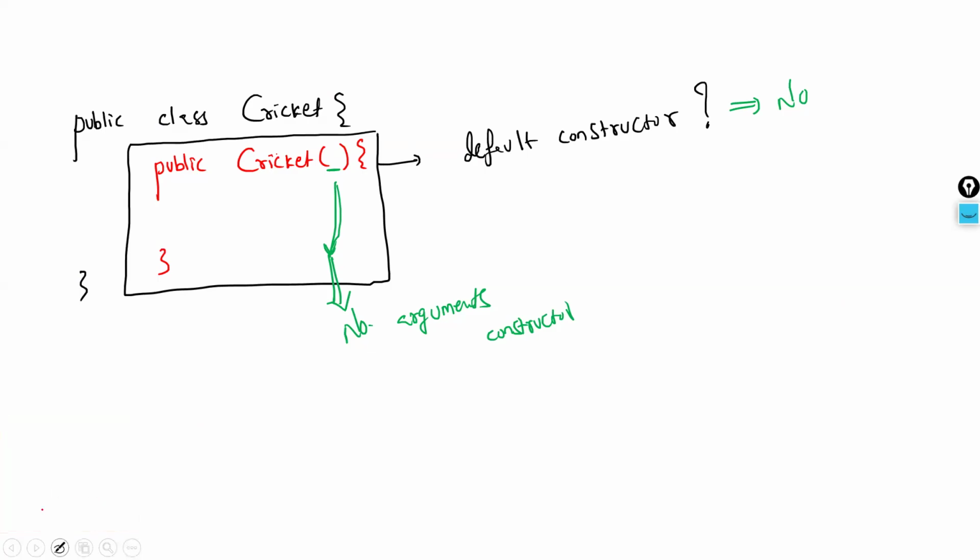Okay, let me be clear and careful from my end also. I'll write those notes. Default constructor is a no-arguments constructor, no-args constructor.